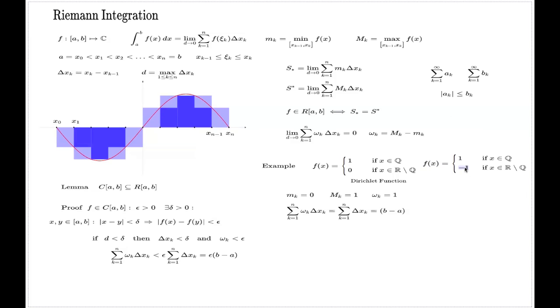Obviously, this is a very minor change over the canonical Dirichlet function. For this new function, which has -1 here, you can repeat the same sort of argument. The only difference is that here it will be -1 rather than 0, and here it will be 2 rather than 1. So this function, like the original Dirichlet function, will also not be Riemann integrable.